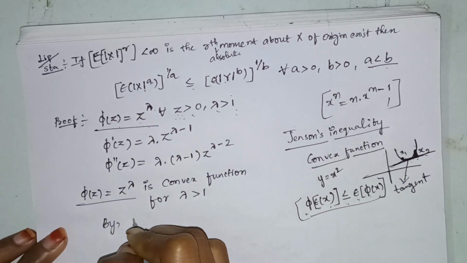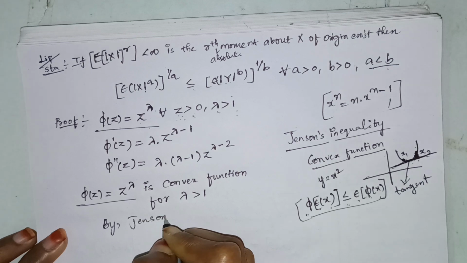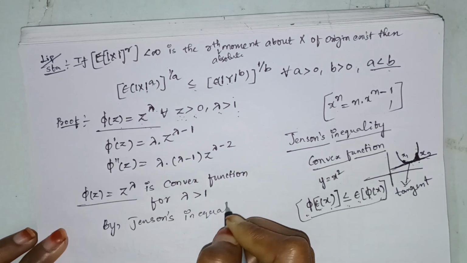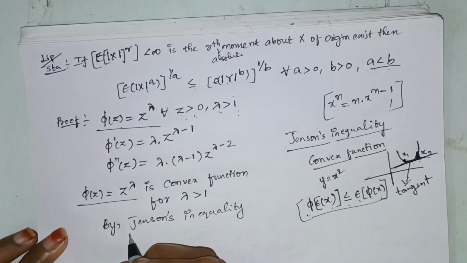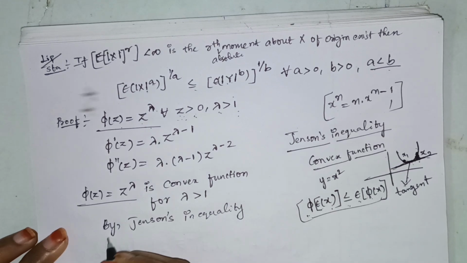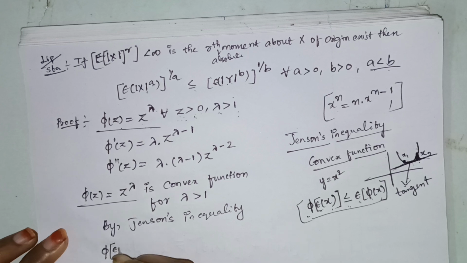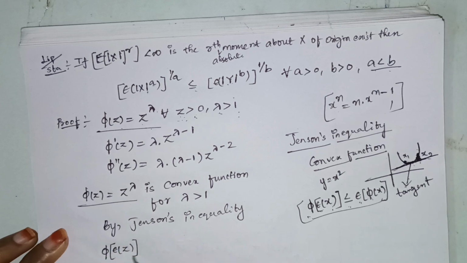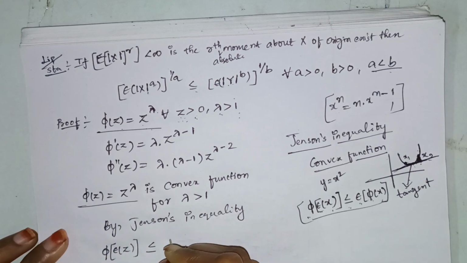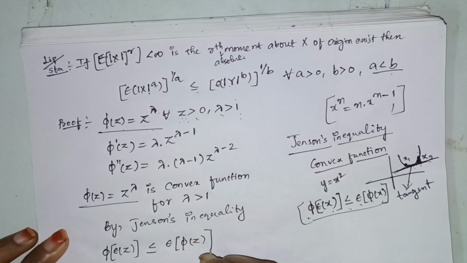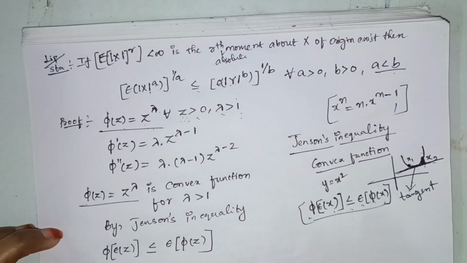By Jensen's inequality, I can write phi of expectation of z is less than or equals to expectation of phi of z. Right?